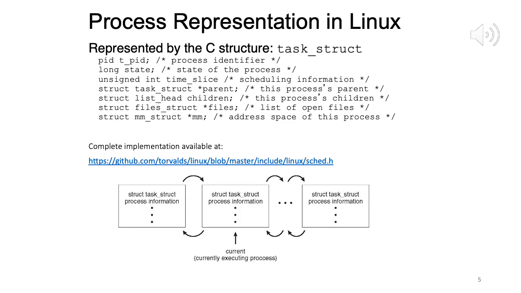List of open files, right? File struct pointed to the list of open files, right? So maybe you have an array of pointers, right? And each member in that array is a pointer and it points to one open file. So a pointer to that array of pointers, right? Address space of this process, a pointer to that, right?